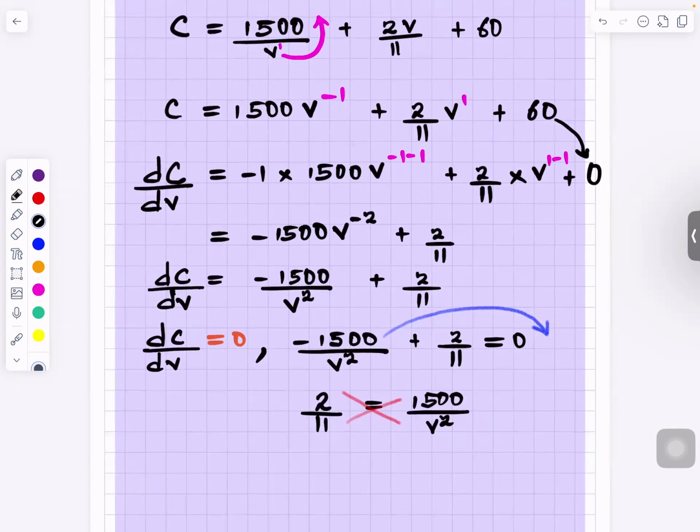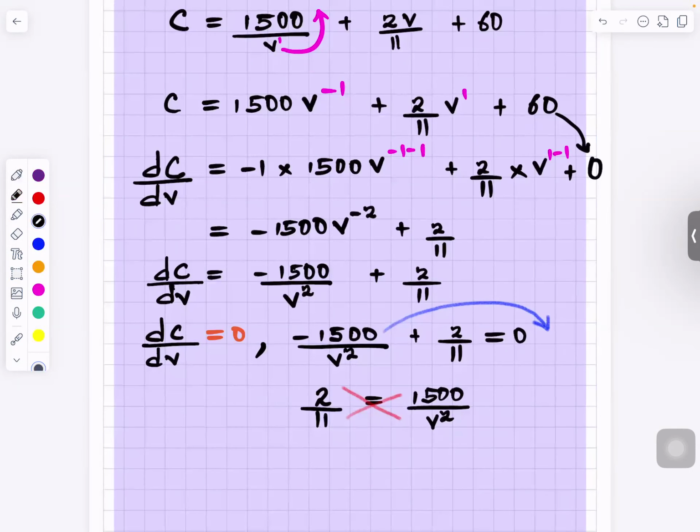Cross multiply. So we get 2V squared equals 11 times 1,500.